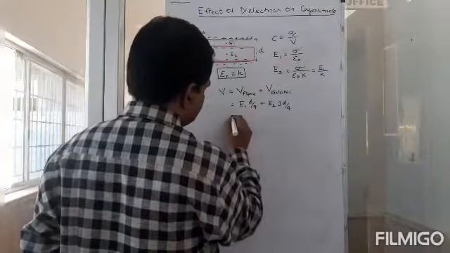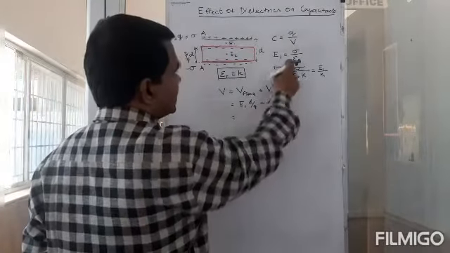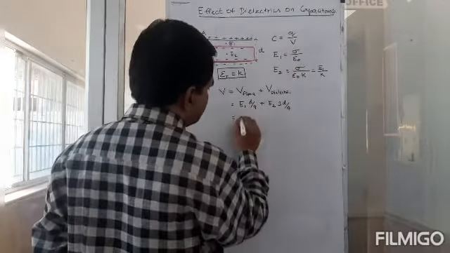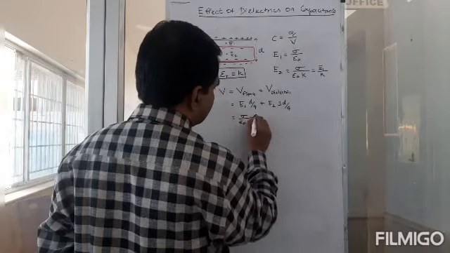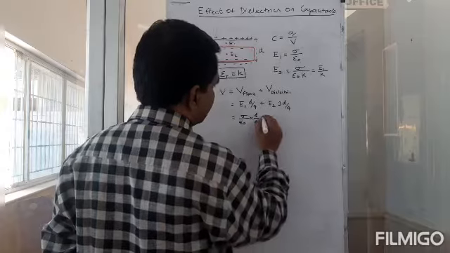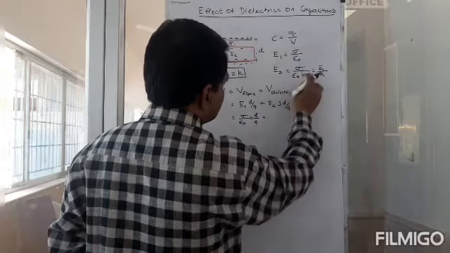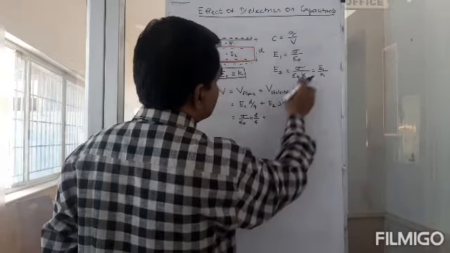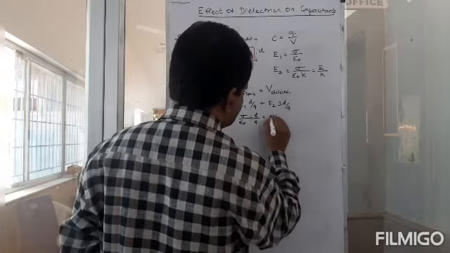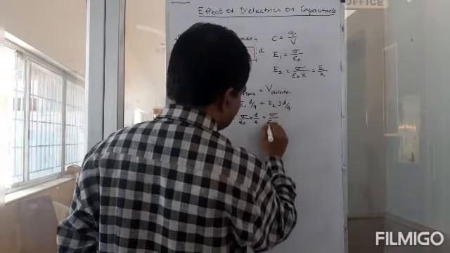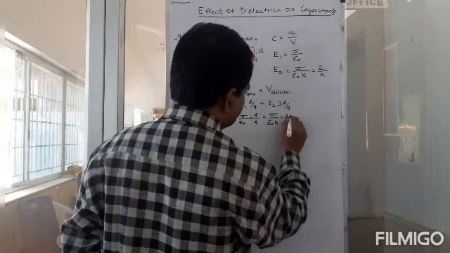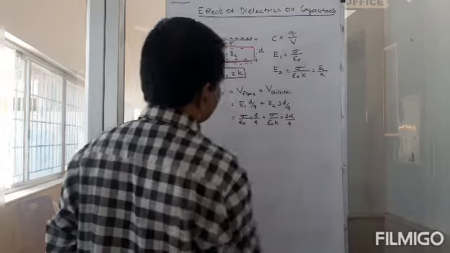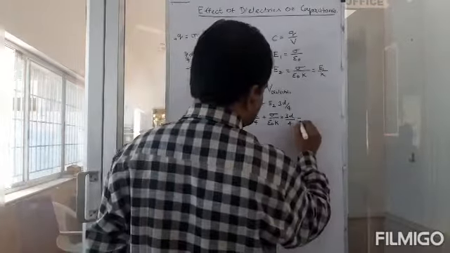So can we do it now? V is sigma by epsilon naught into d by 4, plus sigma by epsilon naught K into 3d by 4. So what are the things that you can take out?